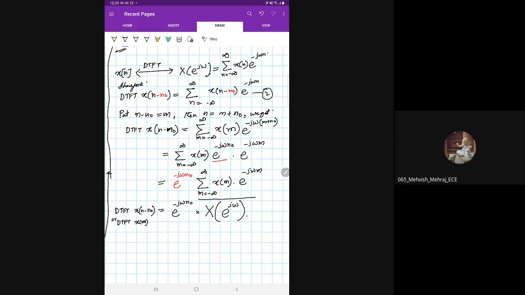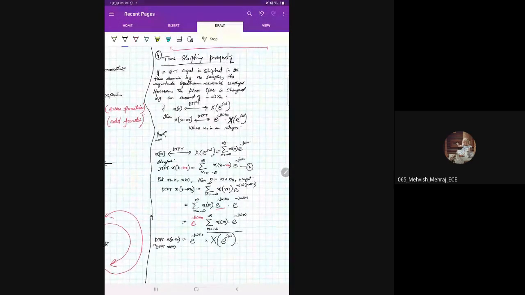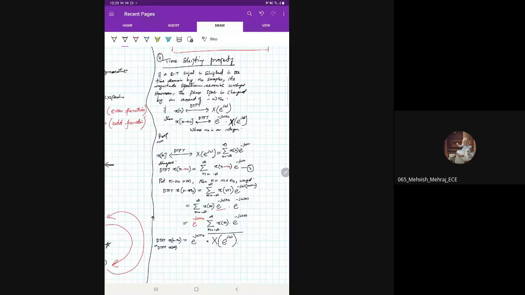Okay, so this proves our expression. What was the expression at the top? The time shifting property expression was here. When we take the discrete time Fourier transform of x of n minus n naught, we will be having e raised to power minus j omega n naught into x of e raised to power j omega.